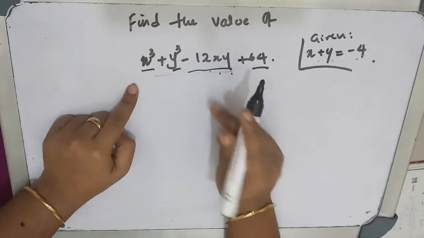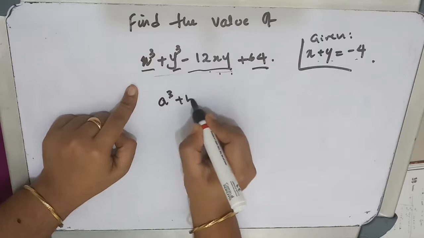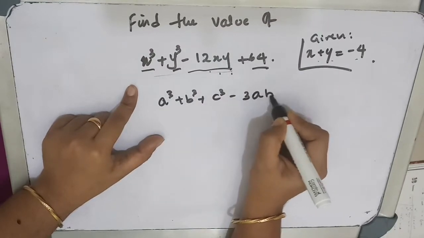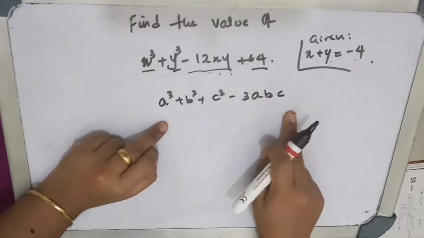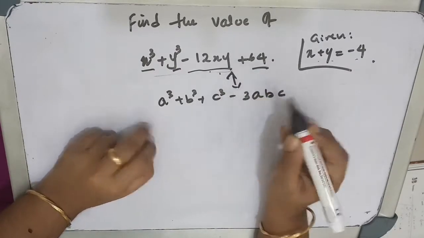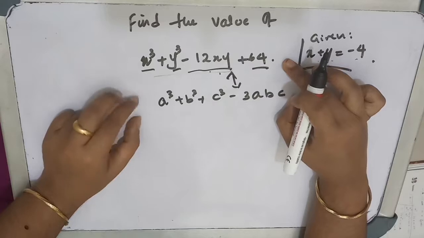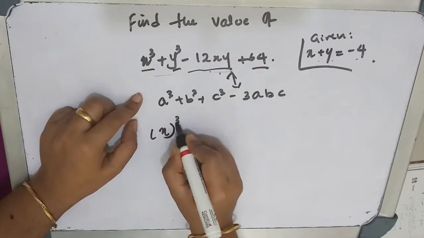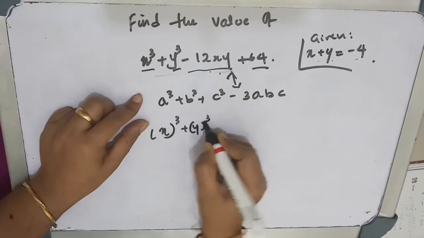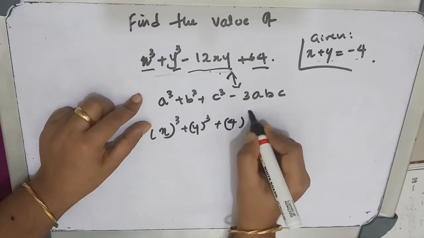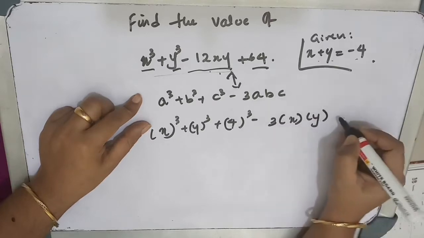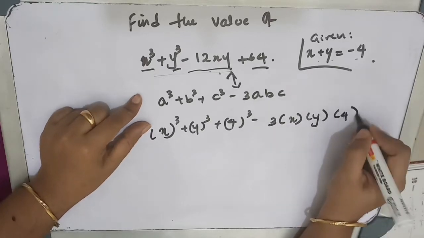Therefore, it is comparable to the expression of a cube plus b cube plus c cube minus 3abc. So these two expressions are comparable to each other. Hence, let us rewrite it as x the whole cube plus y the whole cube plus 4 the whole cube minus 3 into x into y into 4.